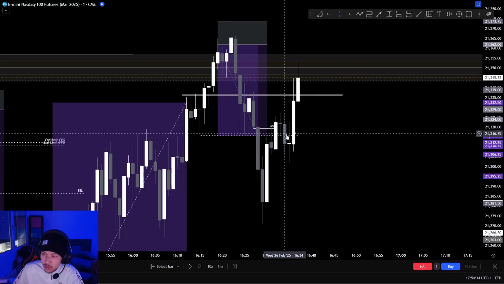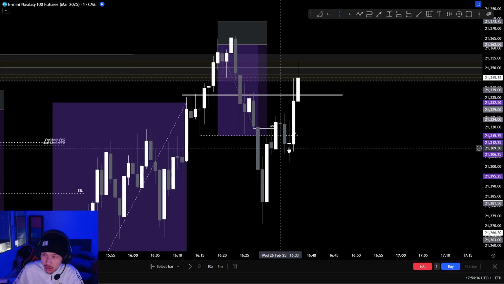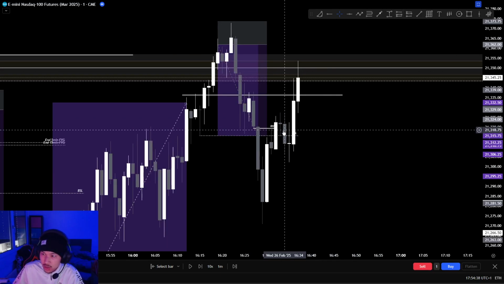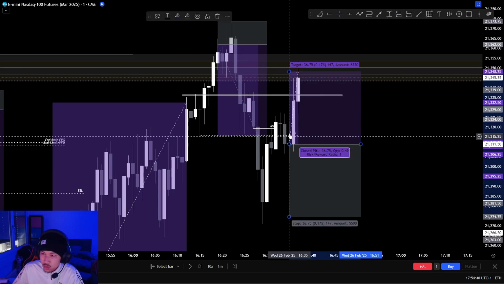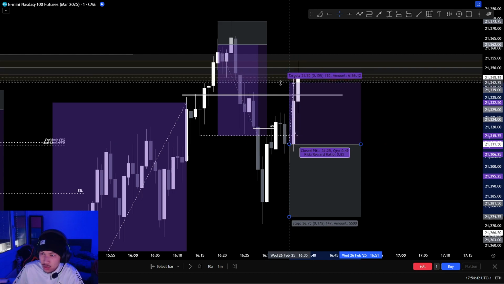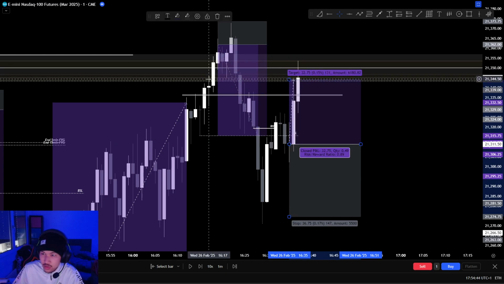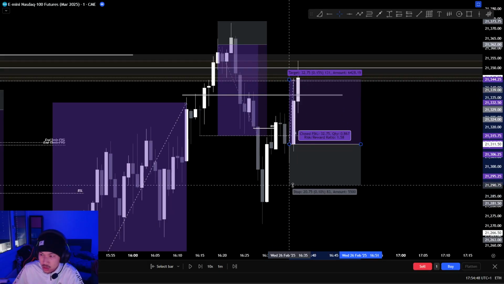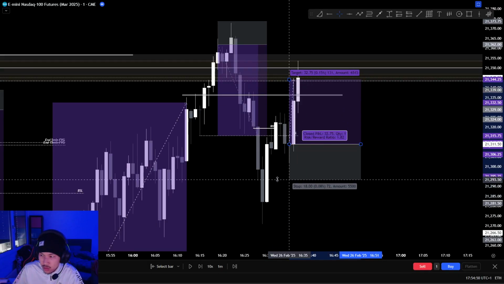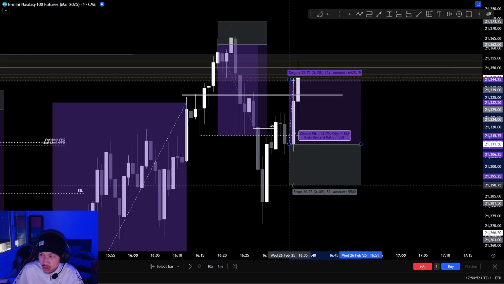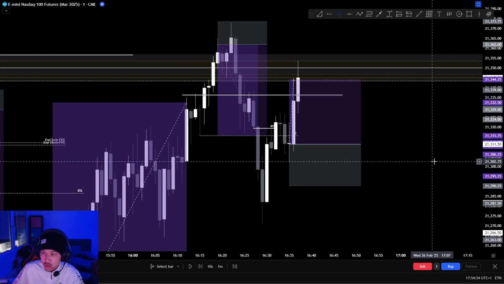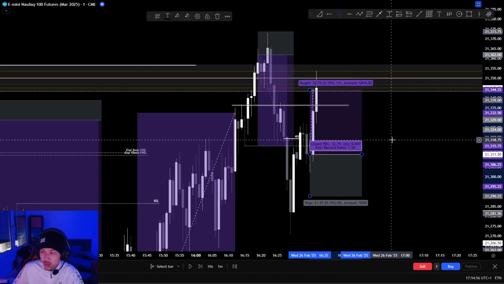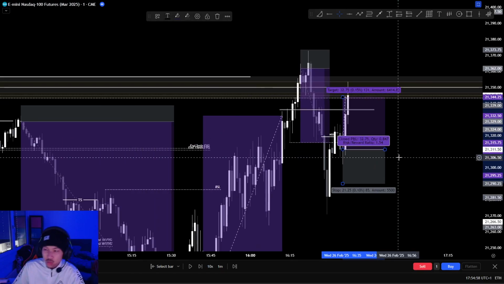And then tapping down again, I just went for a short trade here. I went long around here somewhere, and then my TP was on this inverse fair value gap here, and my stop was some kind of 1.5 or something like this. Yeah, a little short scalp, and that was also like 1k or something.